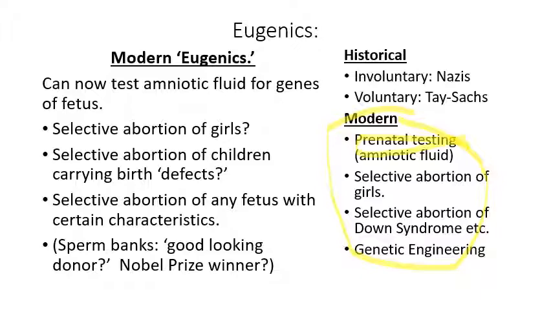They say, well, we've got enough girls, we want boys. So this has been a controversial thing, and selectively aborting fetuses that will grow up into people who have Down syndrome is something else that people do. So think about it. This is a very controversial thing, but it's something that's taking place right now.